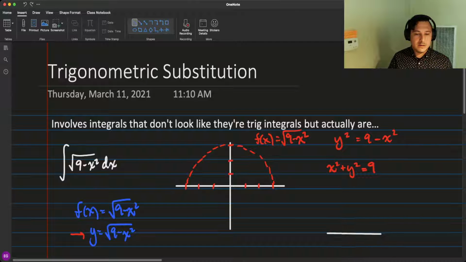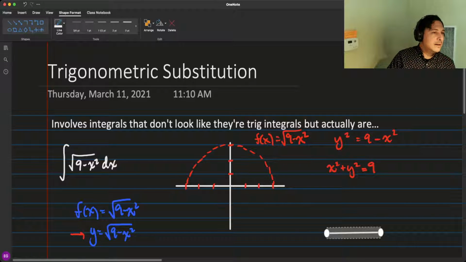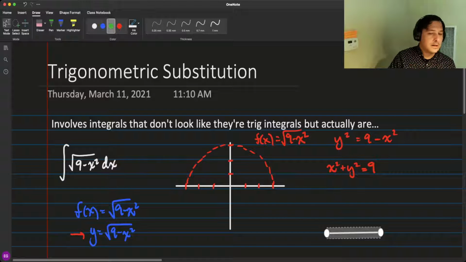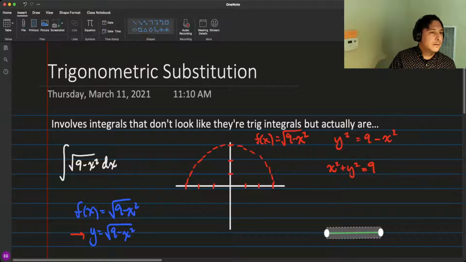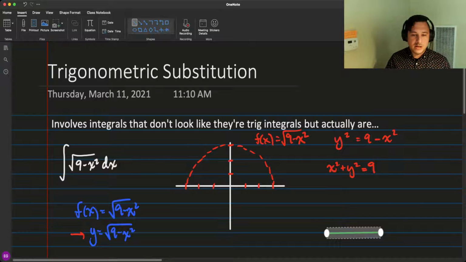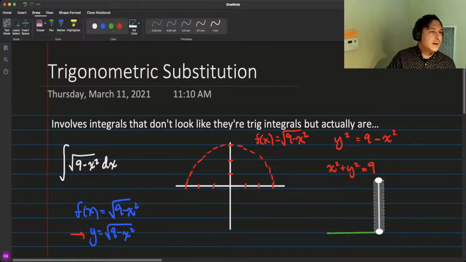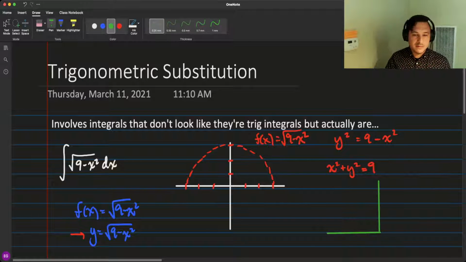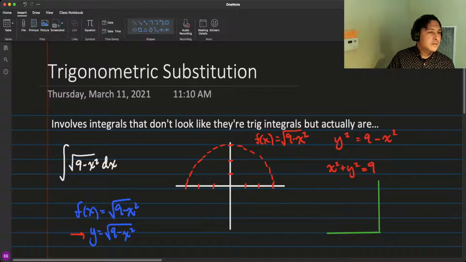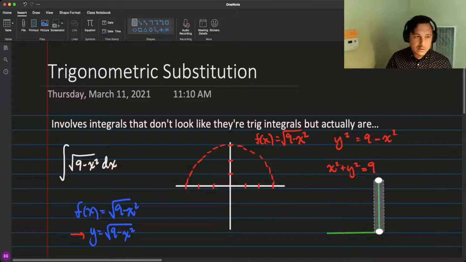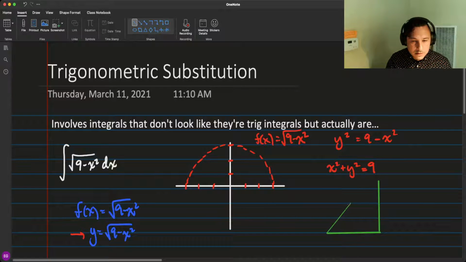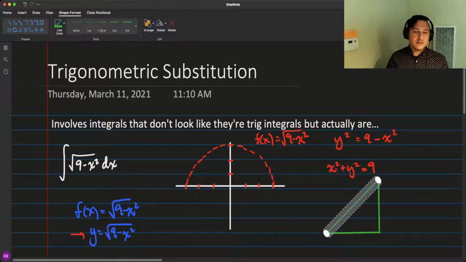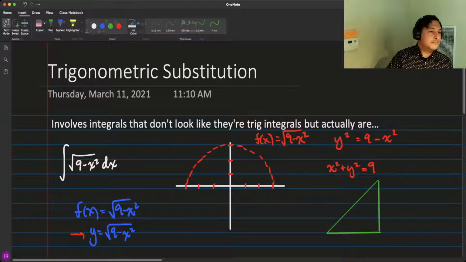I want it to be that cool green color. There we go. Sorry, I just want my triangle to be beautiful. Come on, beautiful triangle. There we go. Nice. Now I've got a beautiful triangle.